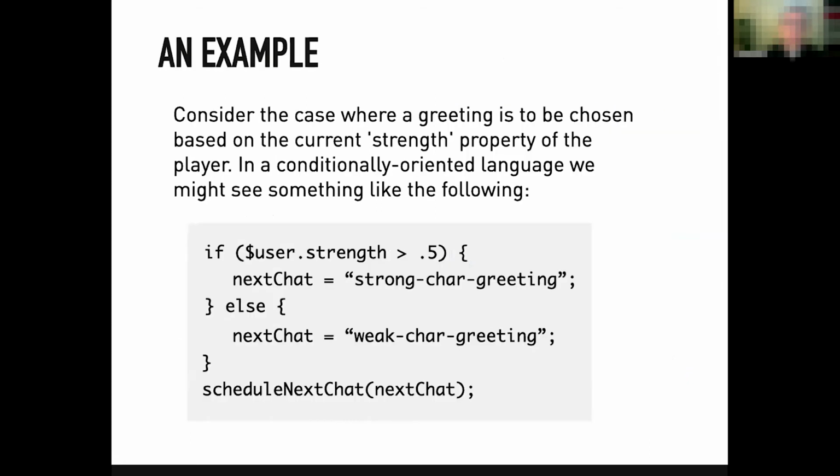So imagine we have a situation where a greeting needs to be chosen based on the current strength property of a player. In a traditional language, we might find a conditional like shown here, which seems fine enough at first. But what happens when later writers want to add further nuance so that the greeting also depends on the player's hunger?